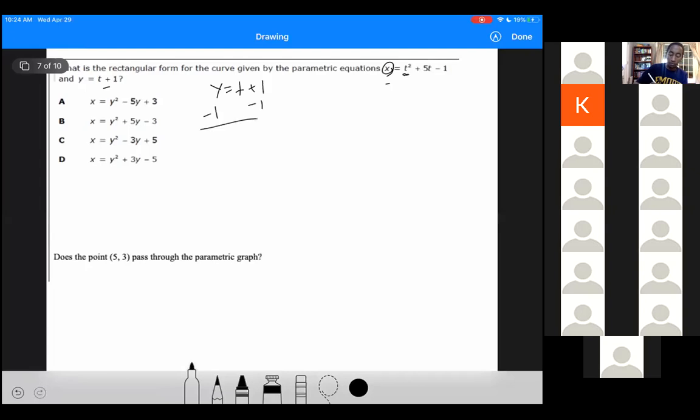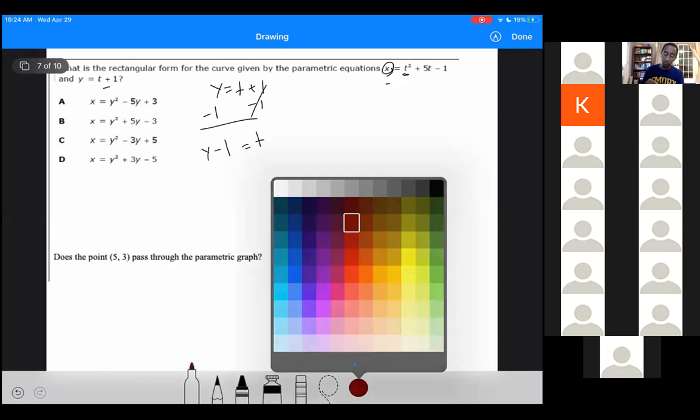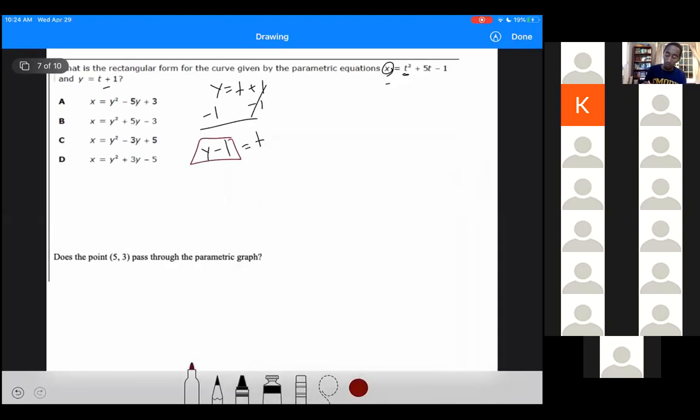Subtract 1, so you get t equals y minus 1, so that you can substitute this right here for t. Let me get this out. So I'm gonna substitute that in like so for t.